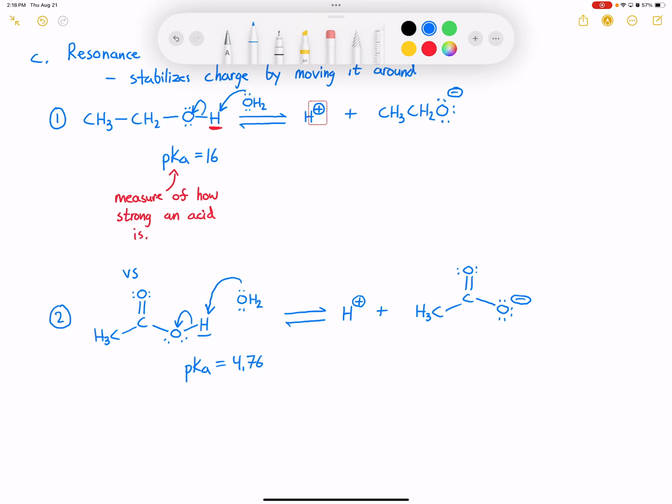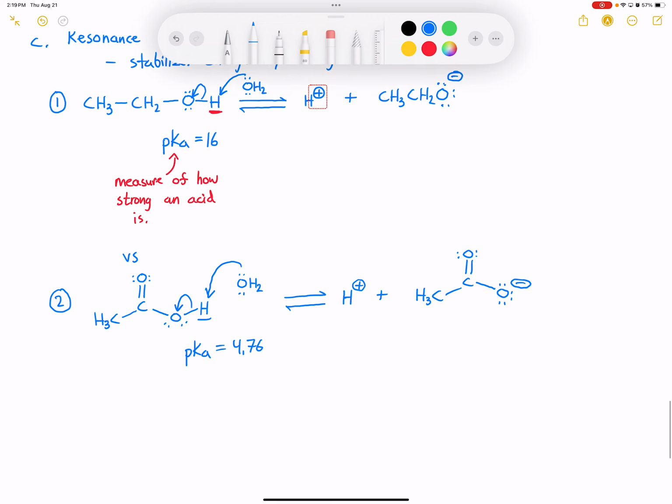Well, what gives? That's such a high difference. And the hydrogen is still attached to the same electronegative oxygen atom, right? So what's the big deal? Why is it so different? The reason has to do with how that negative charge over here on the right side is shared between other atoms in the molecule.